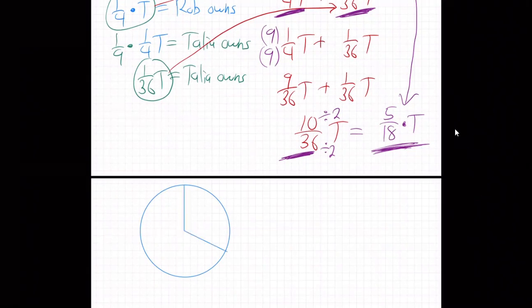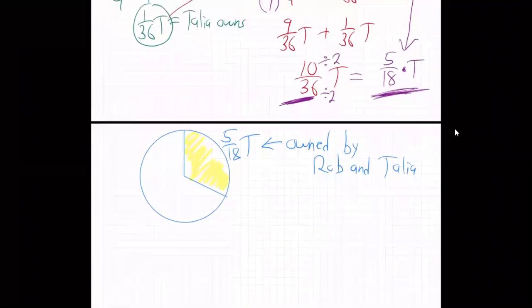All right, so let's say that 5/18 T right here is owned by Rob and his sister Talia.